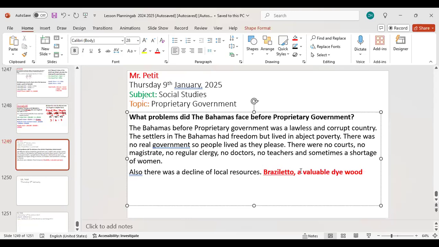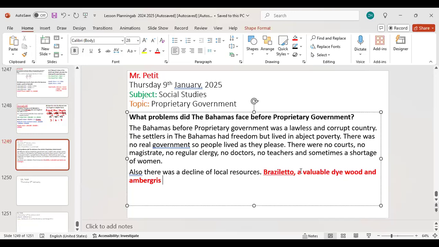And ambergris. Anyone familiar with that word? Whale vomit. Yeah, used for perfume and cologne. They tell you it's whale vomit.